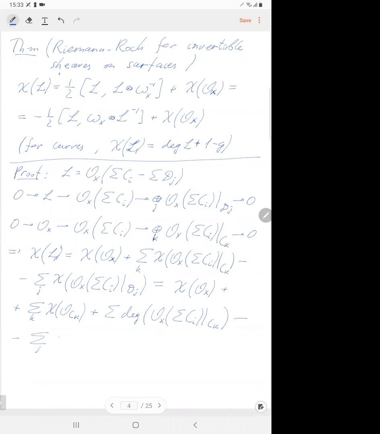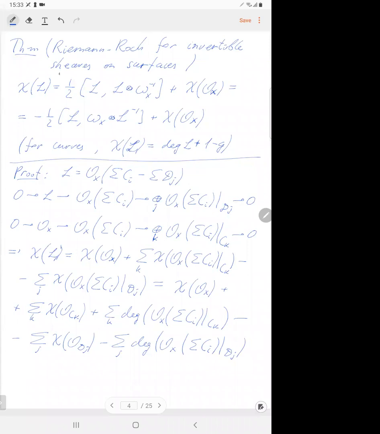the sum over j of all characteristics of O Dj's minus the sum of degrees of OX of sum of Ci's restricted to Dj's. It's over k.